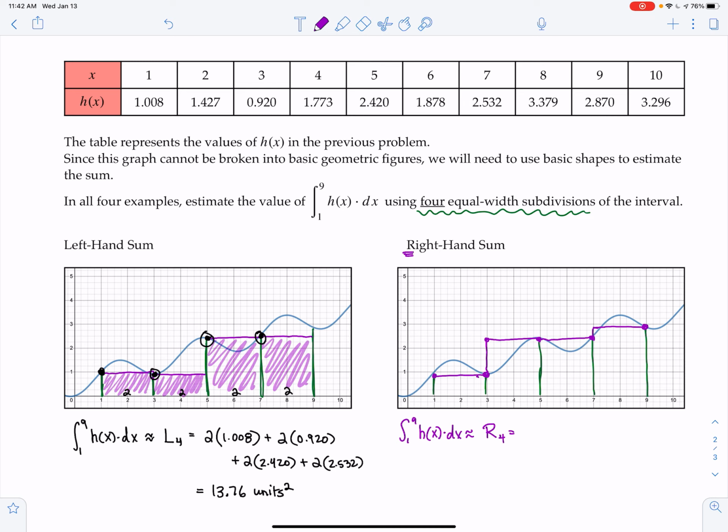So we're still going to start from the left-hand side, so this is 2 times h of 3, which is 0.920, plus 2 times h of 5, which is 2.420, plus 2 times h of 7, which is 2.532, plus 2 times h of 9, which is 2.870. And so again, I'm going to type that into my calculator.